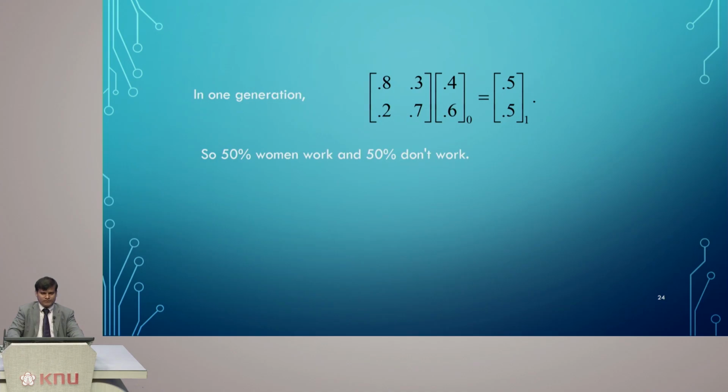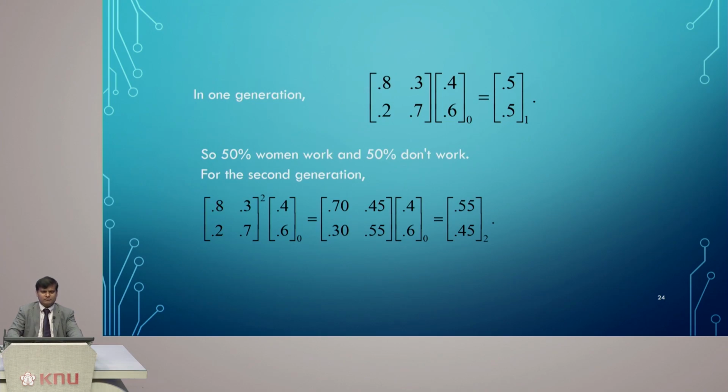So, according to this problem, 50% of women work and 50% of women do not work. This is one of the observations that we have. And remember that from the 1960s to this one generation, the transition matrix did not change.